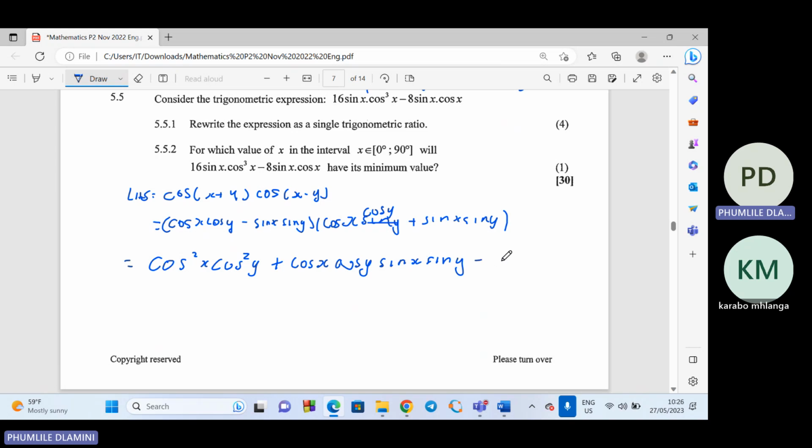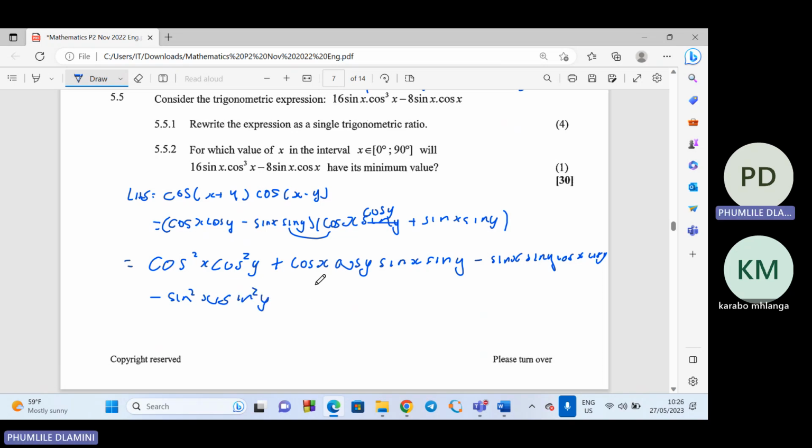Then you come to this one: negative sin x sin y is going to be minus sin x sin y. And then cos x cos y times this one. Then this one times this one is going to be negative sin x and sin x, which gives us sin squared x cos squared y.